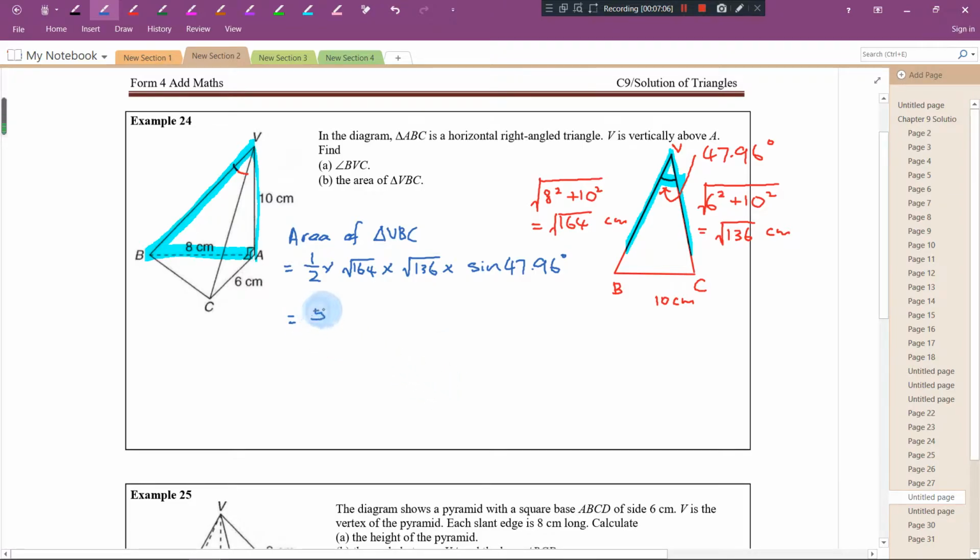So the answer is 55.46 square centimeters. If you don't want to use this method, you want to use Heron's formula, you also can get the same answer.